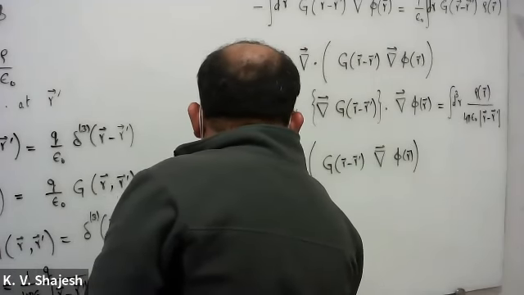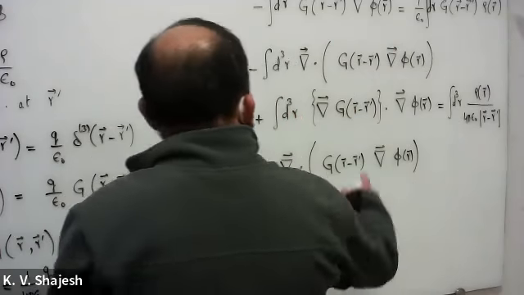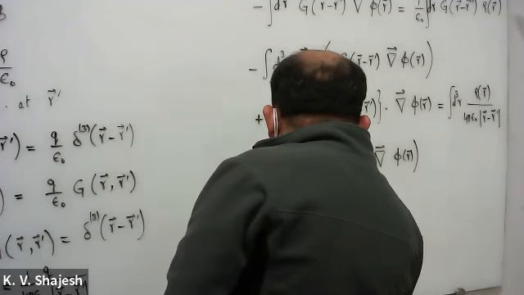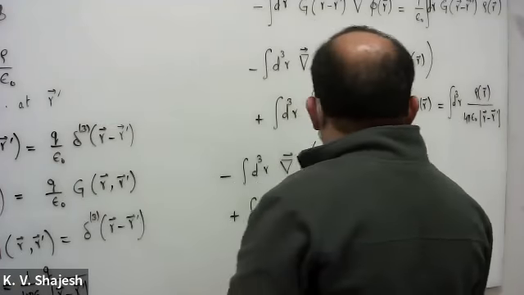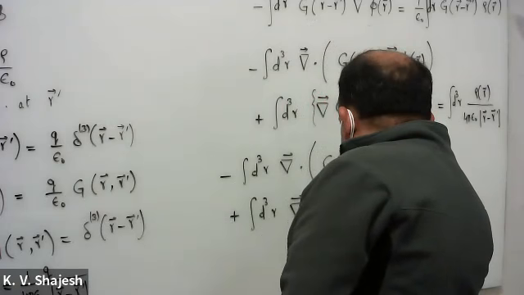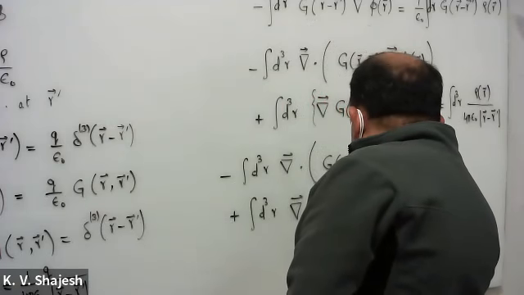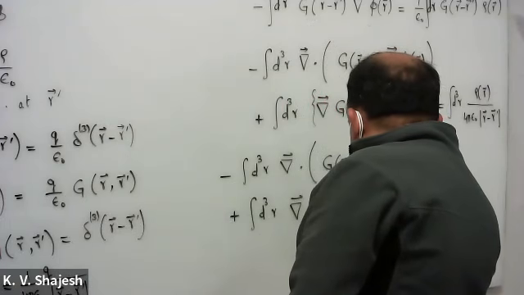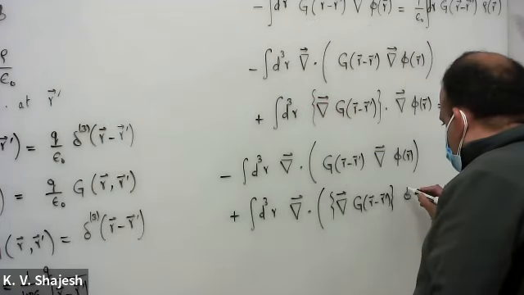It's d cube r, so that's gradient, or you can say divergence, of the gradient of g and phi of r.